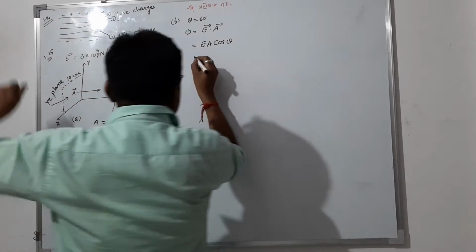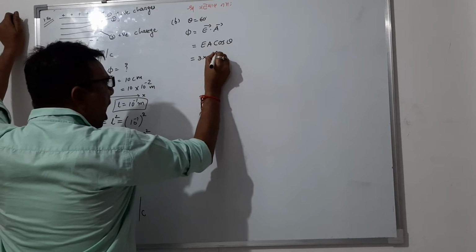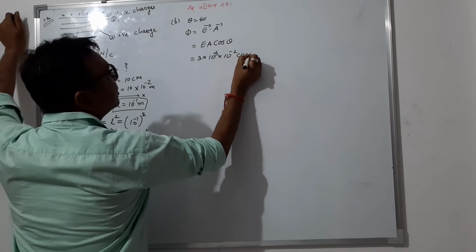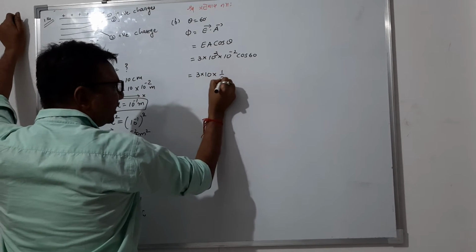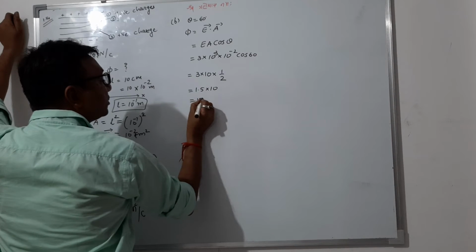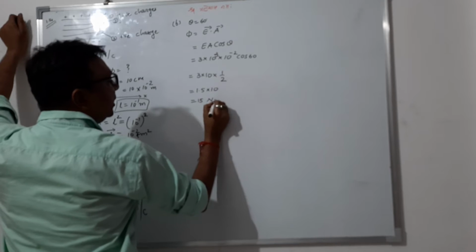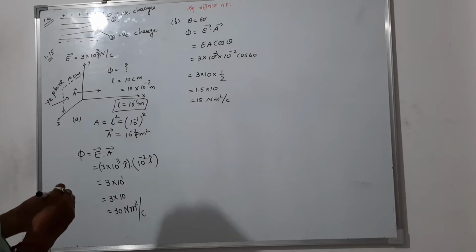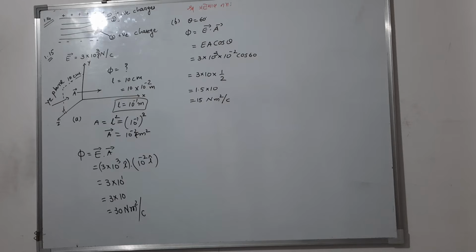So now apply cos 60. So 3 into 10 into 1/2. It is 1.5 into 10. So 15 Newton meter square per coulomb. So friends, here 1.15 is done. Now 1.16.